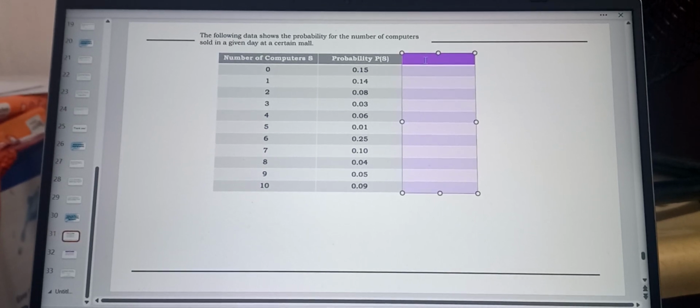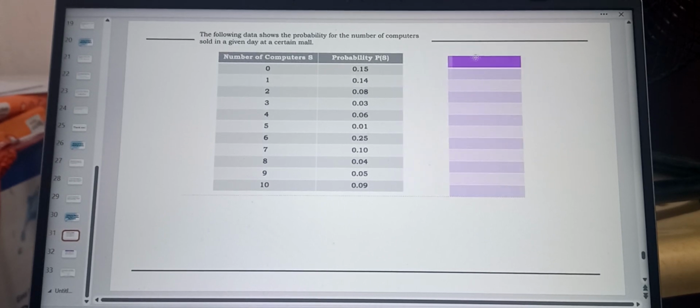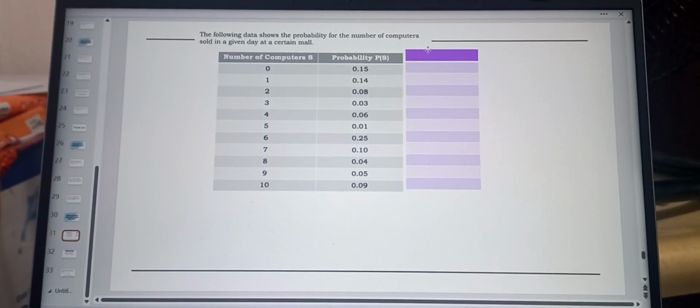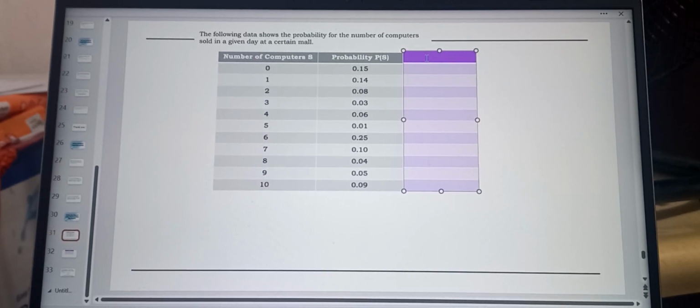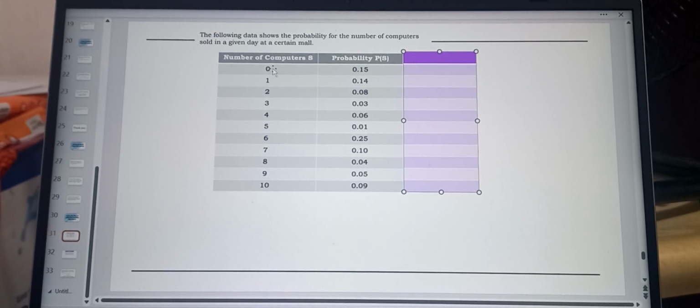So, to get the mean, you just need to add another column. You need to add or draw another column wherein you will put the product of S, or the random variable, multiplied by its corresponding probability.